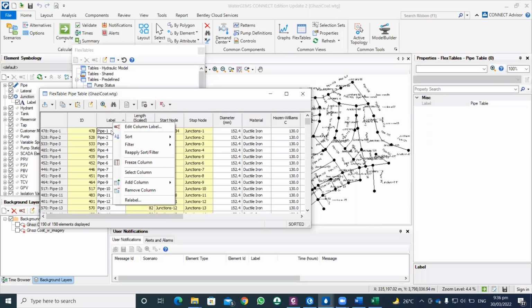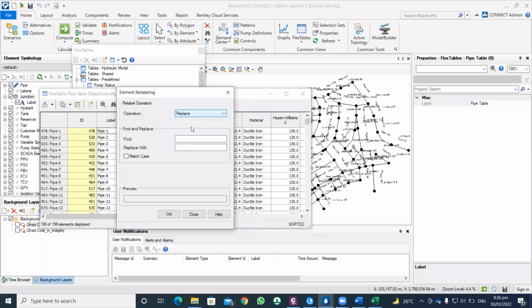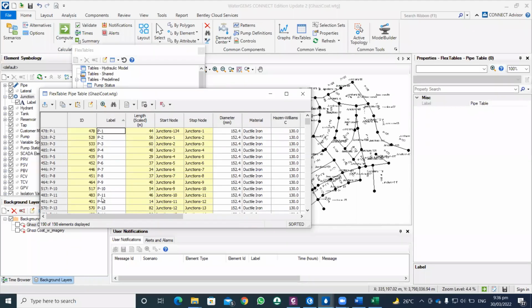I want to relabel all of these pipes, renumbering them and giving the prefix P-dash. So all the numbers will be relabeled, and the length has been calculated automatically and assigned to each pipe by the model builder.